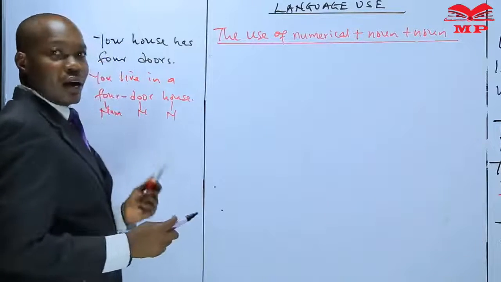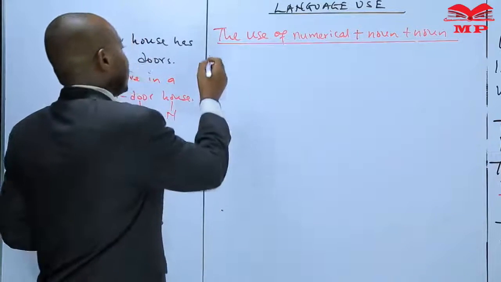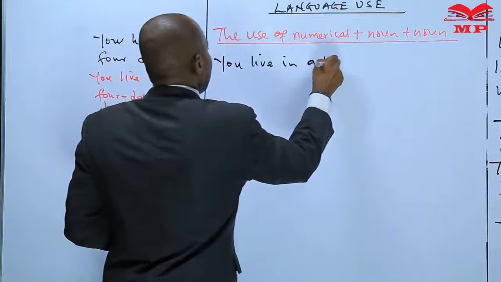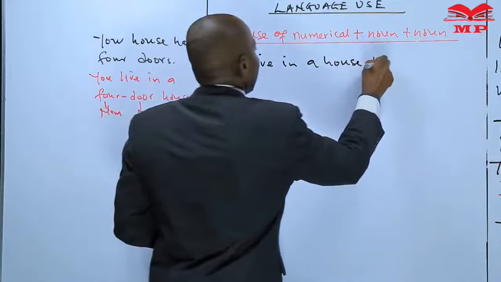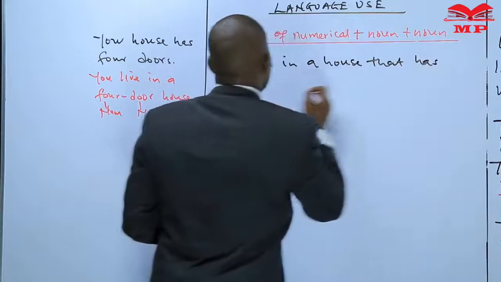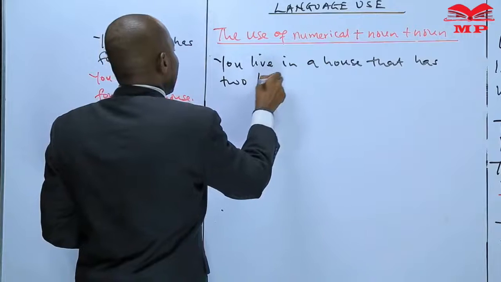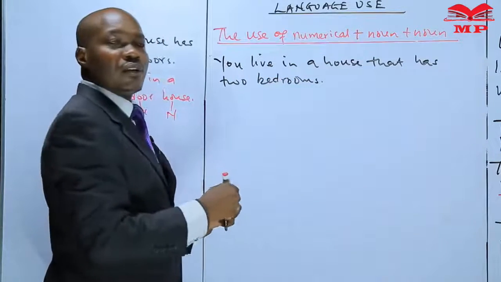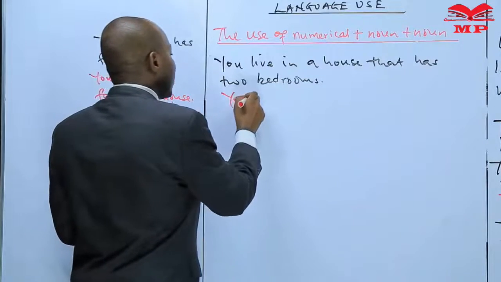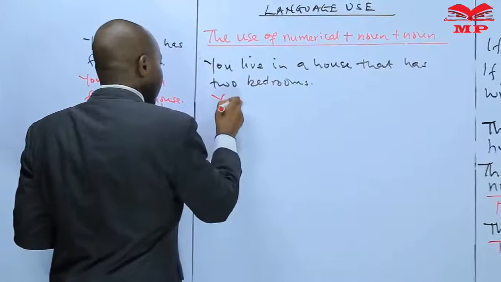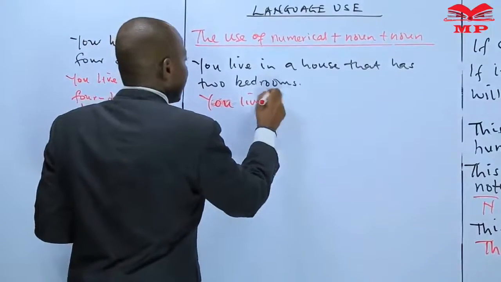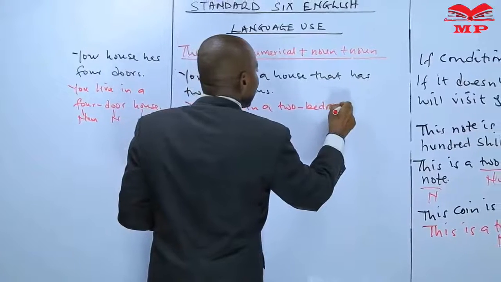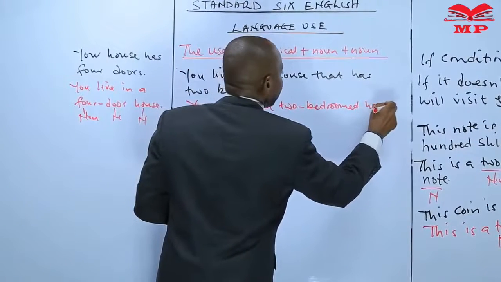If your house has 2 bedrooms, we say you live in a 2-bedroomed house.